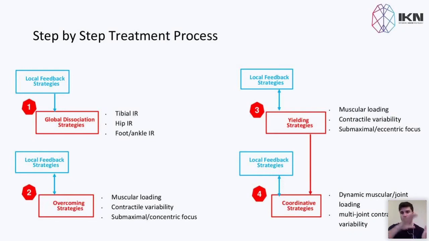And then we're moving through this step-by-step process. So the way we treat an individual will be very much step-by-step. And sometimes the client might not need these local feedback strategies.